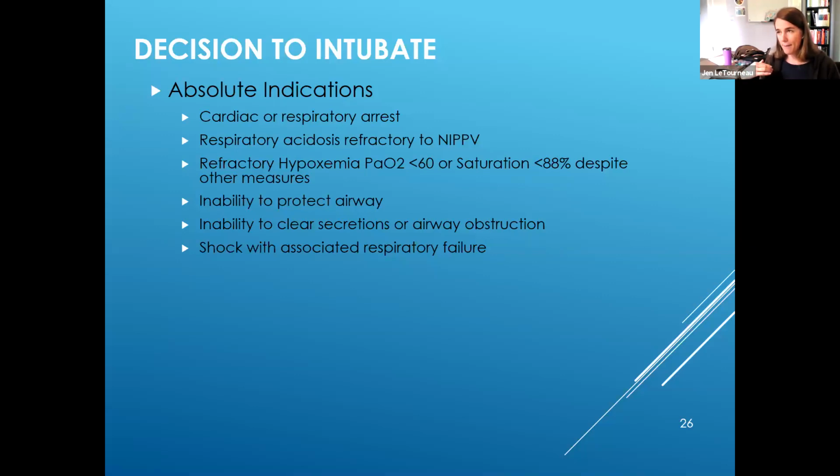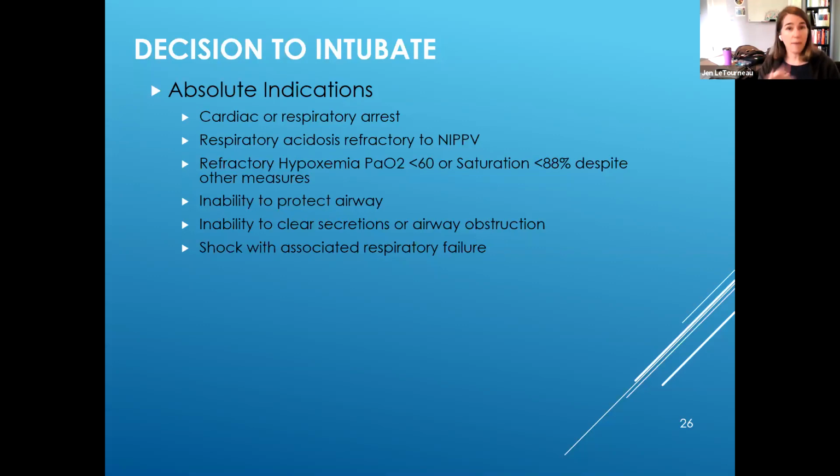They have BiPAP. Their blood gas doesn't look a lot better, but now they're awake and actually joking with you. That is not the person you intubate, right? So if they have refractory acidosis and their mental status is still altered, then those are the people that you need to subsequently intubate.